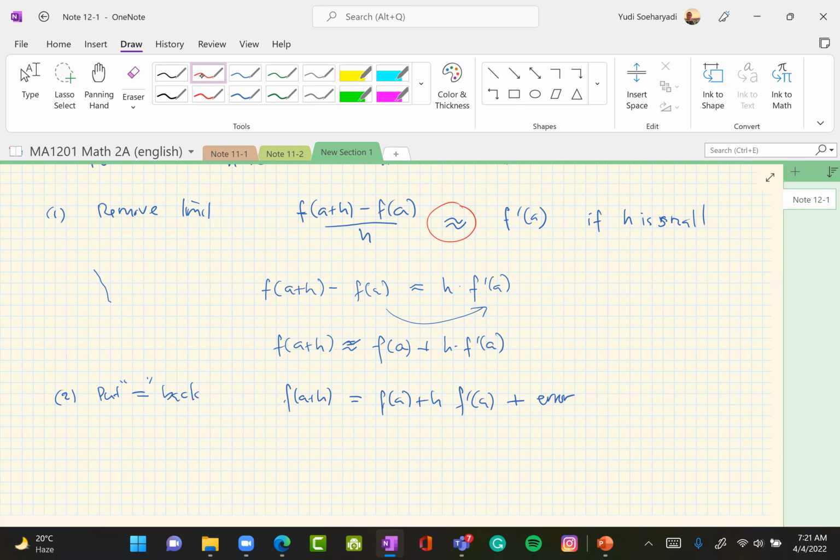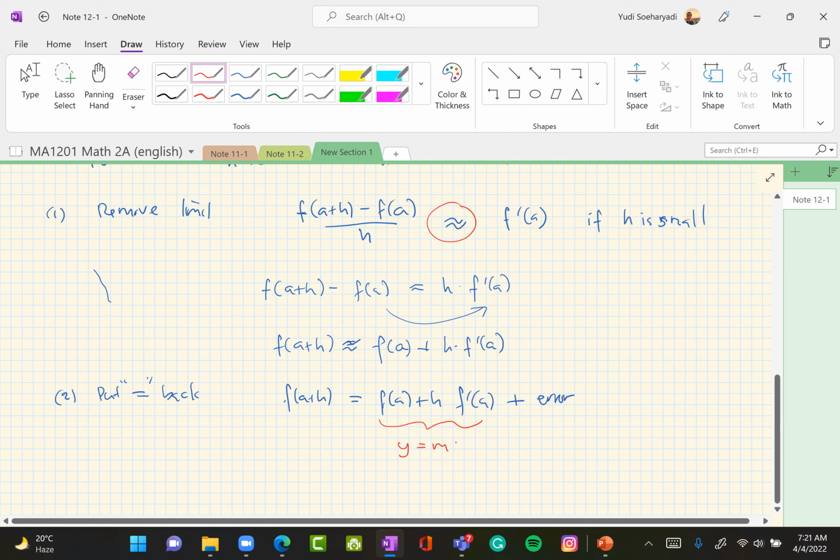If you recall, this is actually the equation y equals mx plus b. Let me write down something like this: equation for the tangent line.